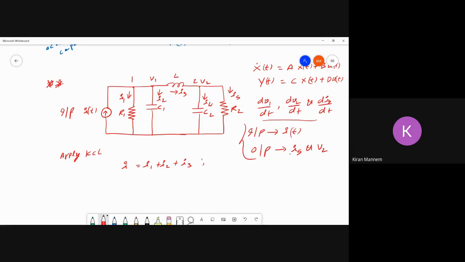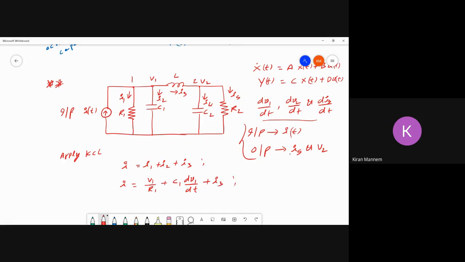Now what is I? I1 is nothing but the current through the resistor. Can we write it like this: V1 by R1, plus I2 could be C1 into dV1 by dt, plus I3, which I'm keeping as it is.